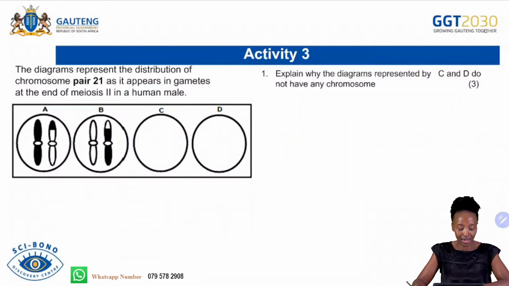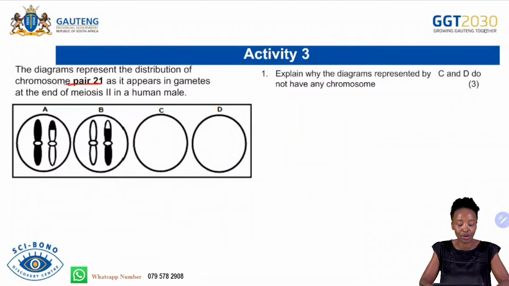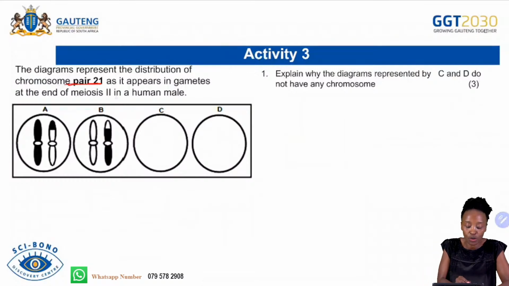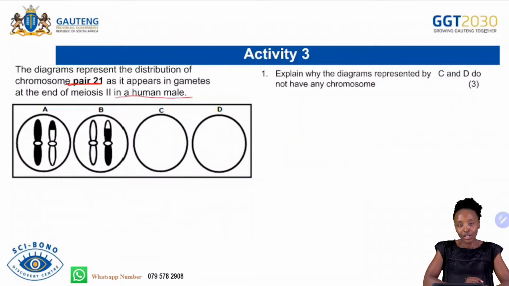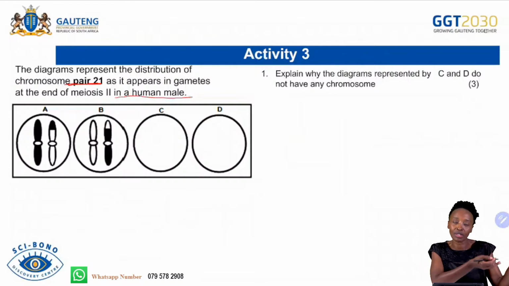Then activity 3. Activity 3 says the diagram represents the distribution of chromosome pair 21 as it appears in gametes at the end of meiosis in a human male. So we see human, we see chromosome pair 21, so we can all conclude that this will lead us to what? To Down syndrome.